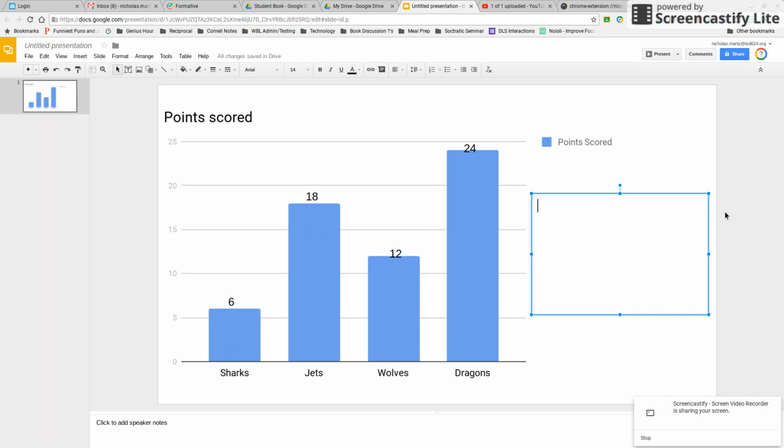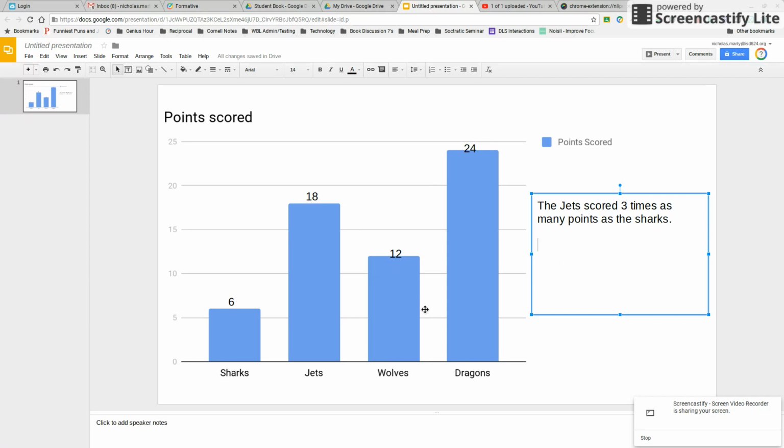So a statement I could make is that the Jets scored 3 times as many points as the Sharks. That is one comparison statement because 18 is 3 times bigger than 6. If I take 6 times 3, I get 18.